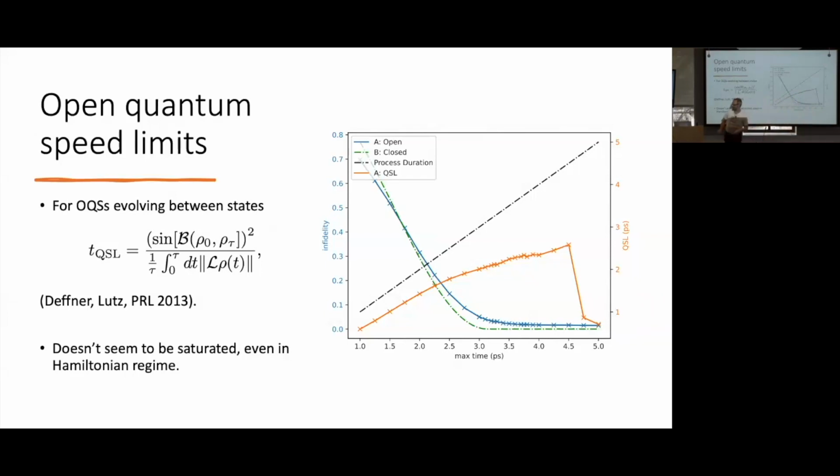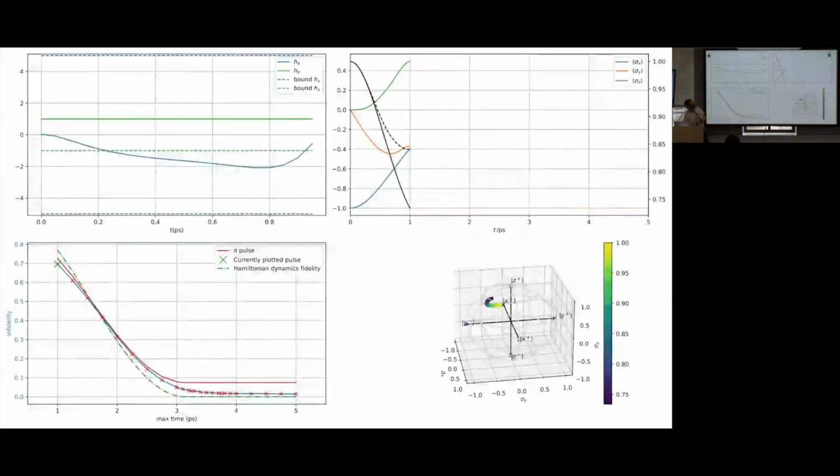So actually, let me just show you. There's a nice sequence of pictures here. This is the optimized Bloch sphere dynamics, and this is for the case where I have a really short process duration. If I step forwards through these, this is what happens for longer and longer pulses.